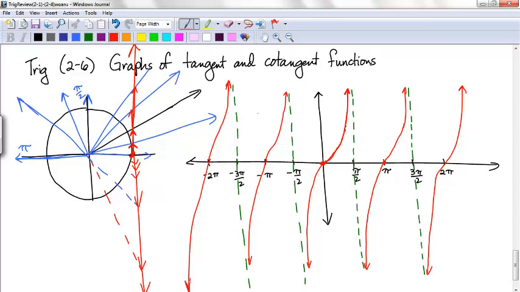Okay, and now I want you to look on your calculator what that looks like. Some calculators will show the asymptotes. Some calculators won't. Mine is of the older operating system, and if I just do tangent, make sure you're in radian mode, and do tangent of x, it's y equals tangent of x, and zoom trig, zoom 7.